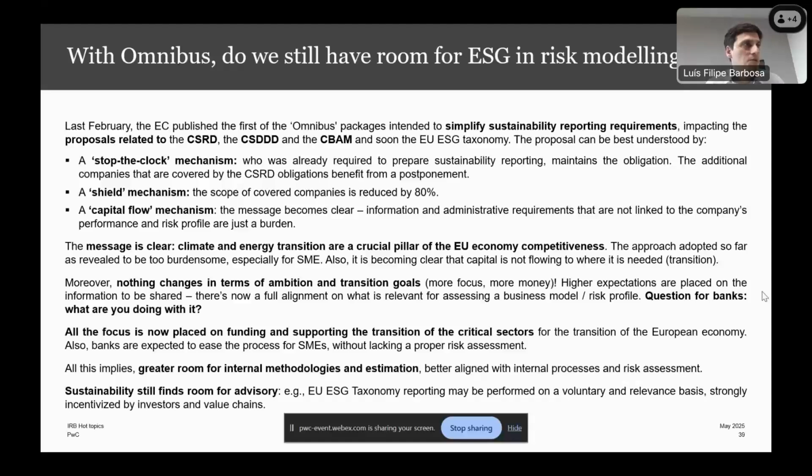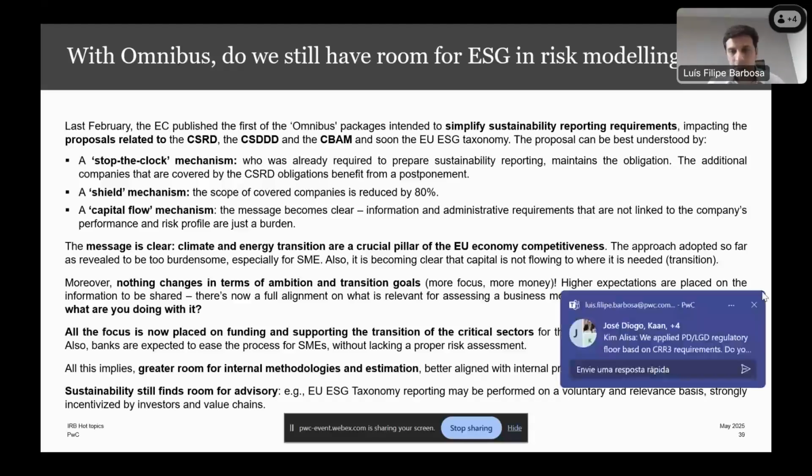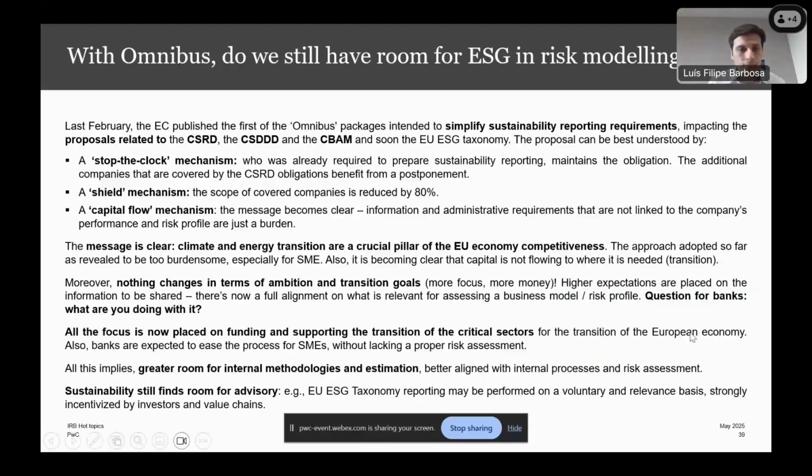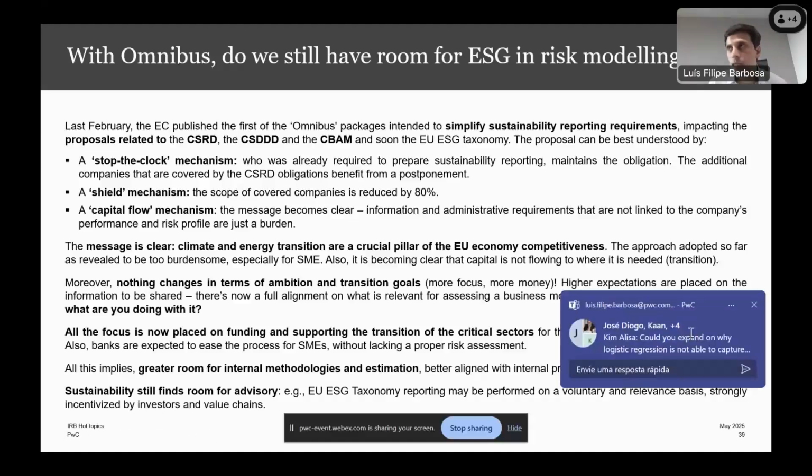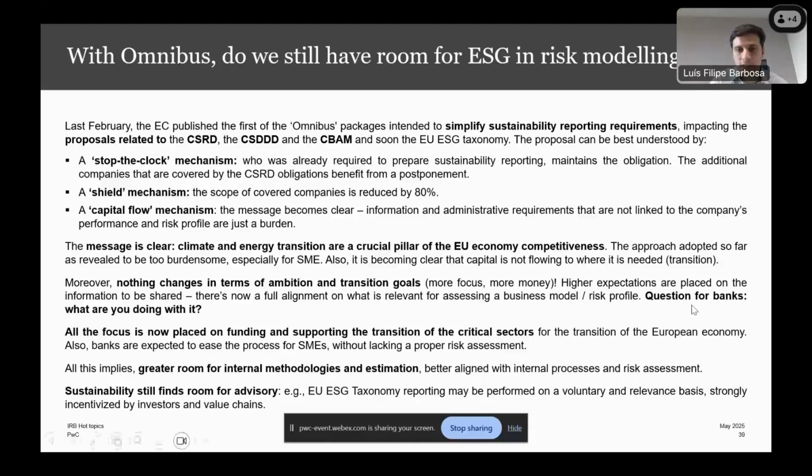It will be in the most difficult context for banks because, with less data available directly from the clients, banks will need to find a way of using the public sources that are available to consider such information in assessing the evolution of clients' creditworthiness. And that's a very important point here: banks should not leave behind their capacity to carry out the proper risk assessment.